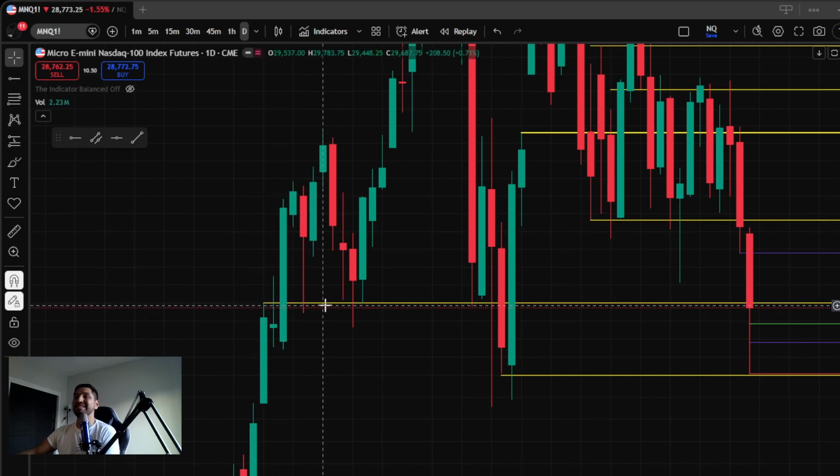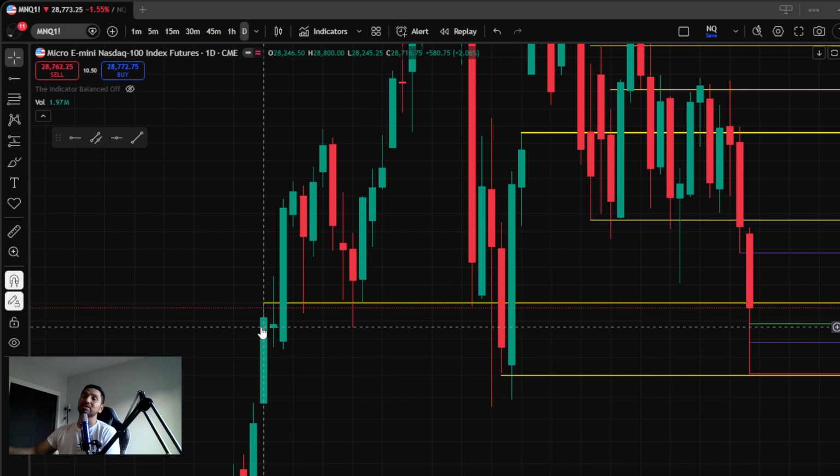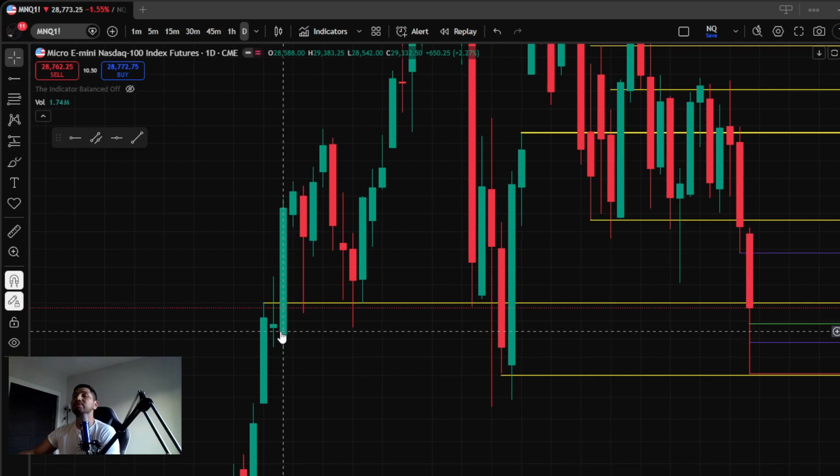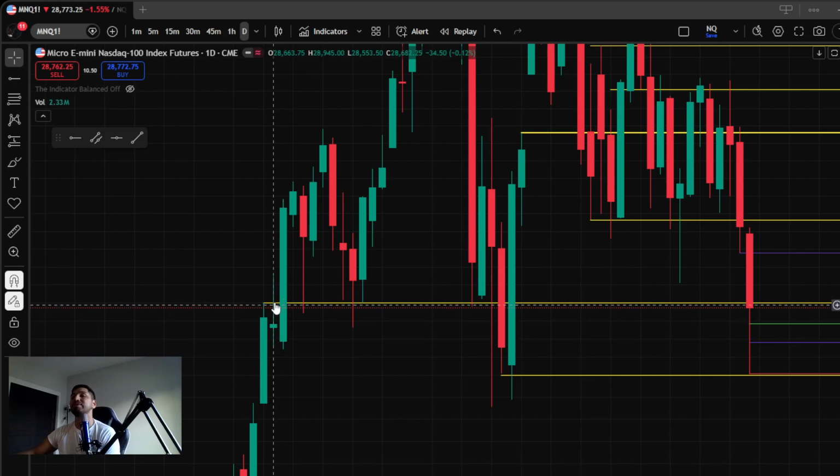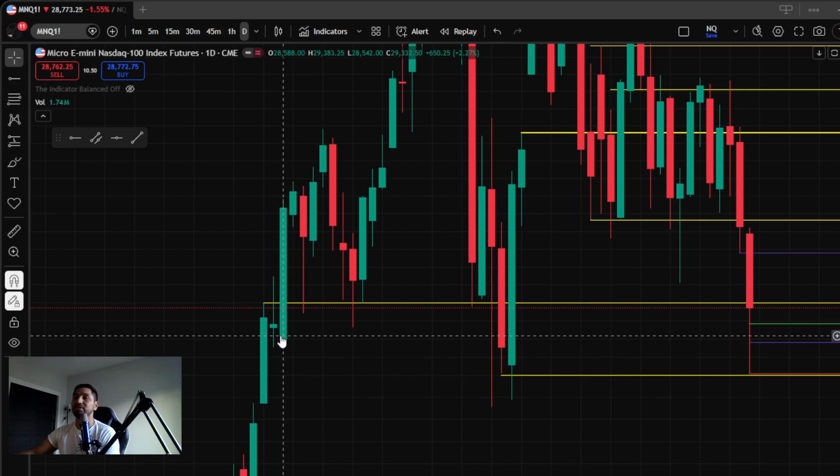Resistance means the ceiling of that price. The market can't get through it, right? It was resistance for 2 days, and then it shot through that ceiling. Once resistance is broken, it turns into support.